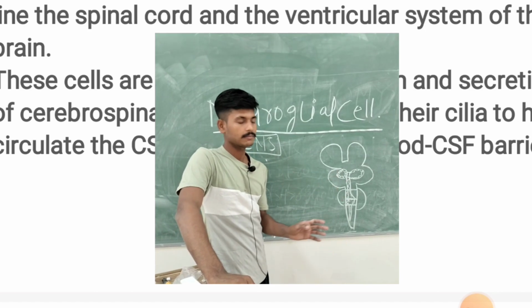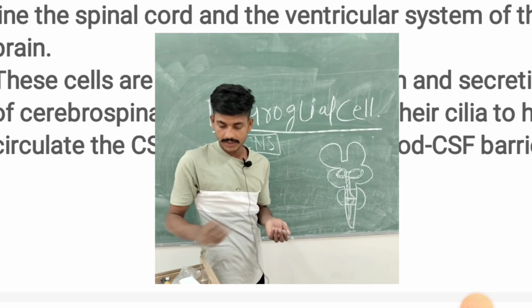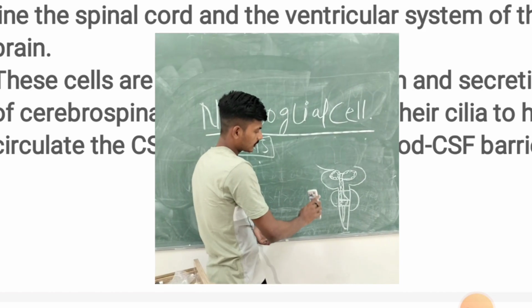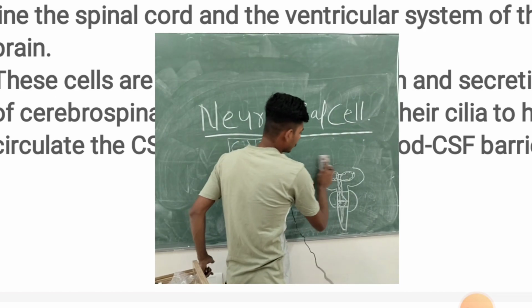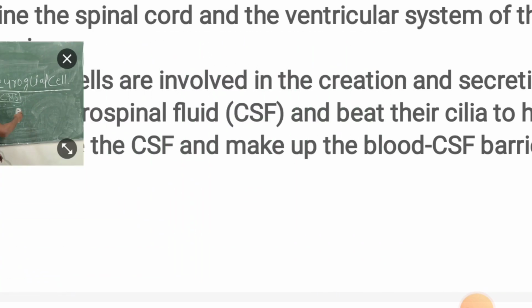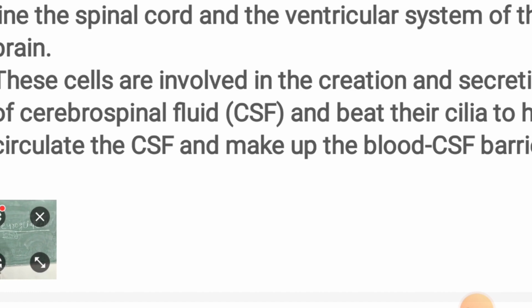There is one mechanism we will discuss in the detailed study of the CSF. We will cover this, but just now understand that these ependymal cells line the ventricles and the spinal cord of the central nervous system. Clear?